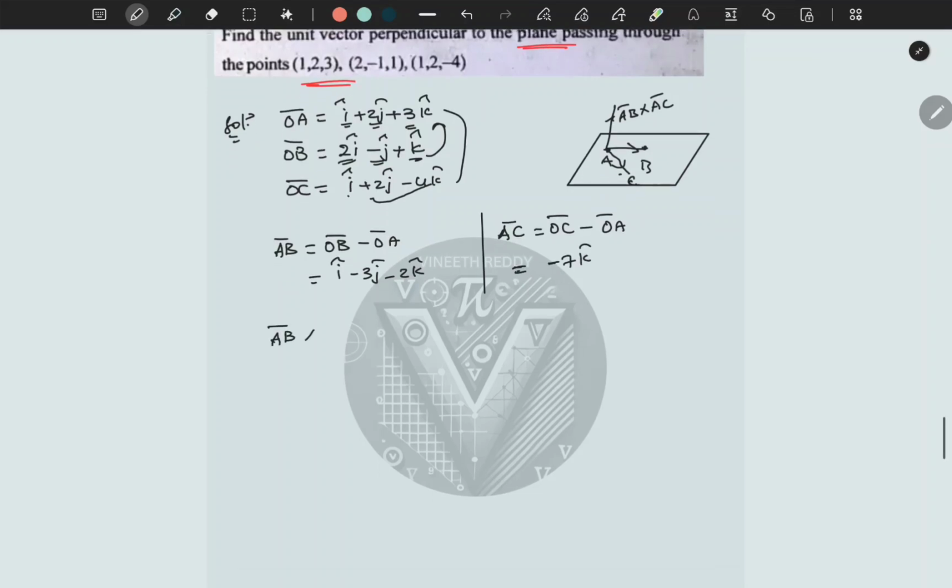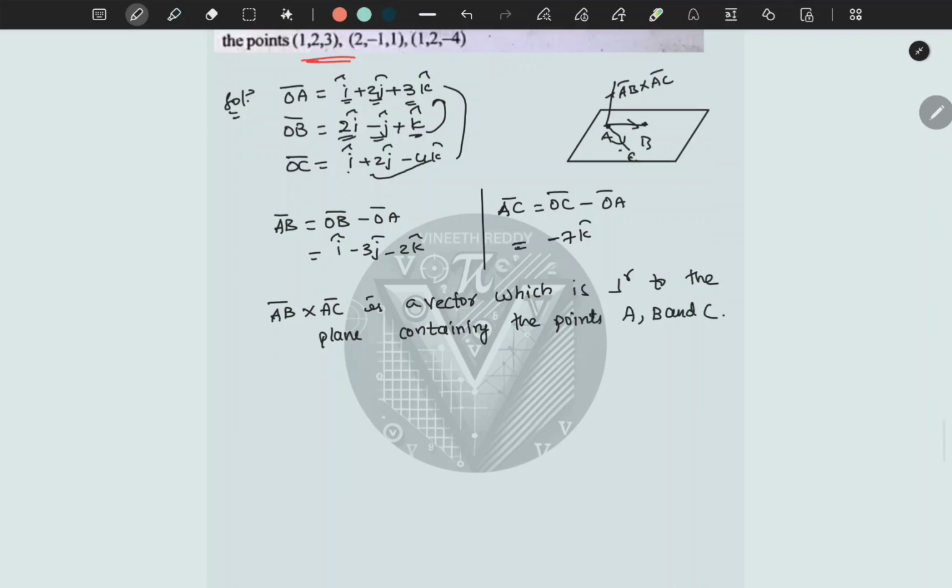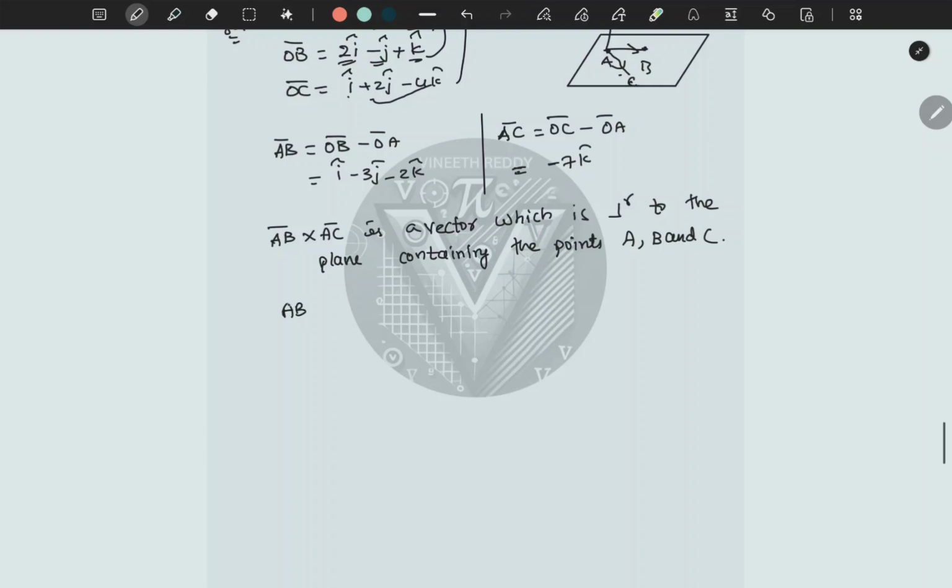Now we need to find AB cross AC. AB cross AC is a vector which is perpendicular to the plane containing the points A, B and C. Is that clear? That means AB cross AC. How do we find, dear students?